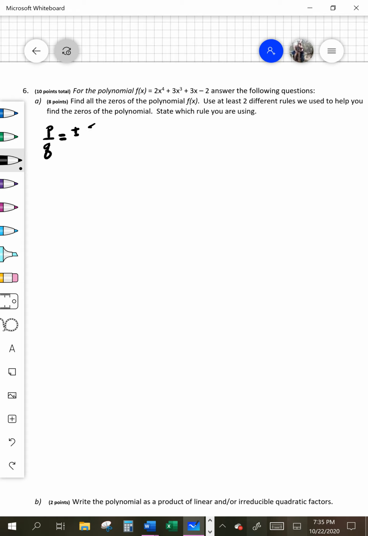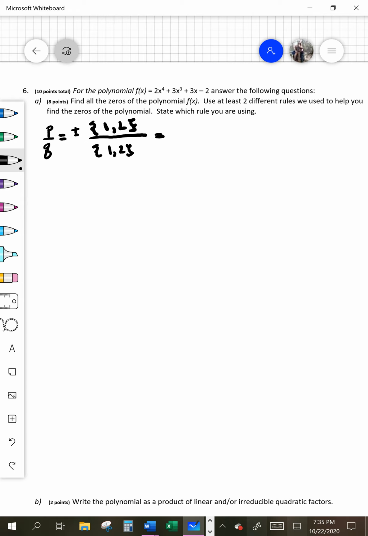So we're looking at factors of our constant p, which is negative 2, so plus or minus 1 and 2, all divided by q. Those are factors of the leading coefficient, which is 2. So factors of 2 are 1 and 2.